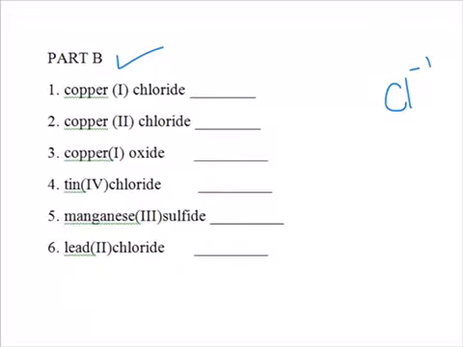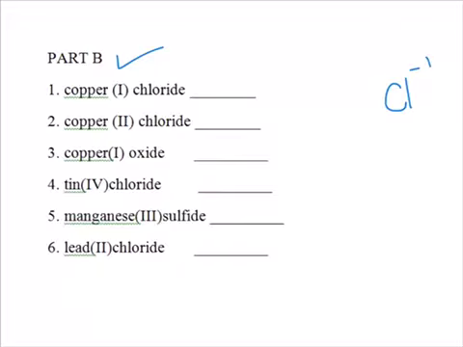Well, we may not know what copper's charge is, but the name gives it to us right there. The Roman numeral is there because we don't have a rule for copper. Copper doesn't have a specific rule for its charge. Sometimes it's a +1. Sometimes it's a +2.